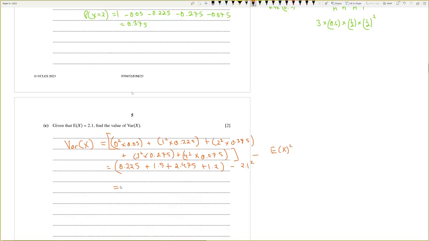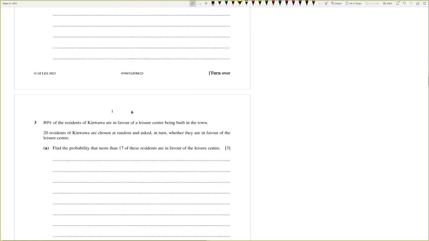So what are we getting? 0.225 plus 1.5 plus 2.475 plus 1.2, which is 5.4, minus 2.1 square. I'm getting a value of 0.99 exactly. 0.99 is my answer. That's great. It matches with the mark scheme.